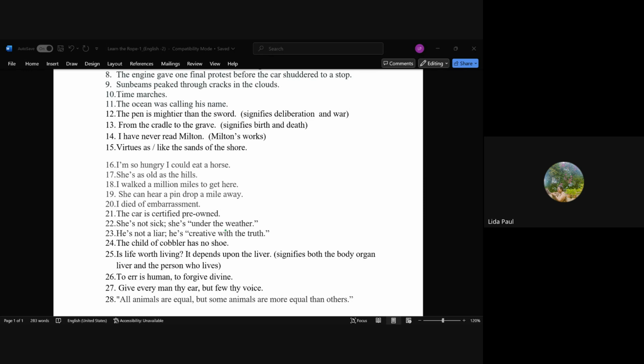Give every man thy ear, but few thy voice. How about this one? Metonymy, ma'am. Okay. Explain. Voice here means like voice to stand up against others, maybe.